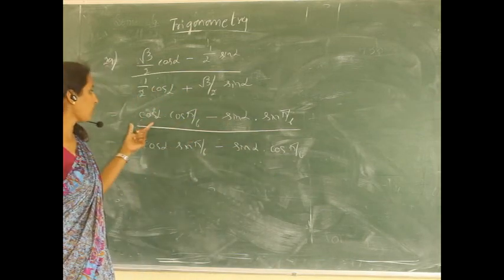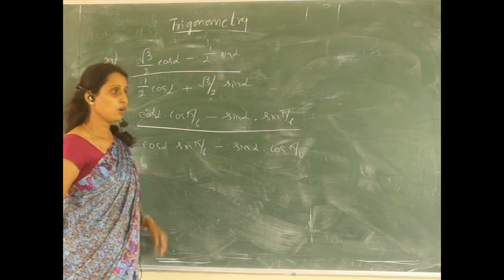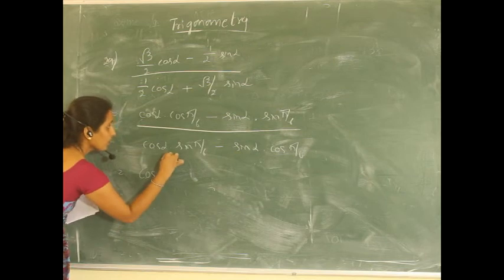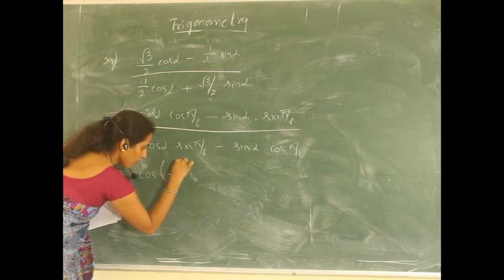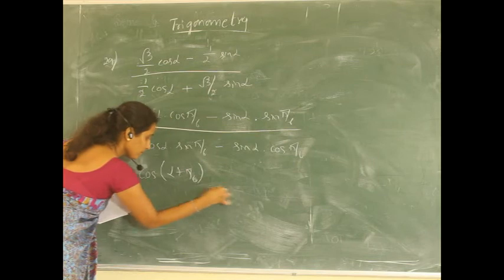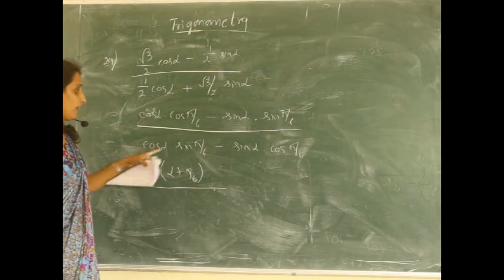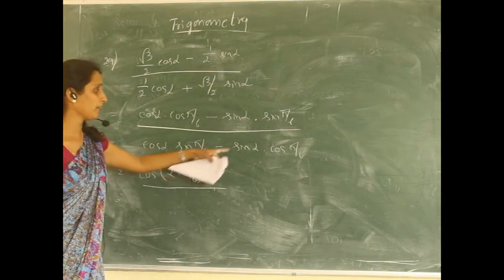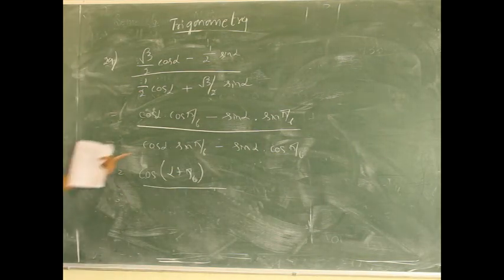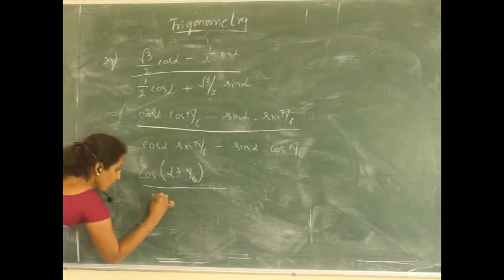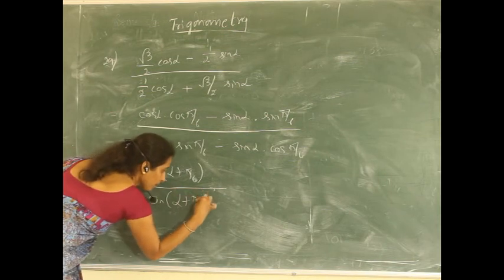Now this is in the form of cos A cos B minus sin A sin B. Cos A cos B minus sin A sin B is cos of alpha plus pi by 6. The denominator is cos A sin B minus sin A cos B, which is sin of alpha plus pi by 6.